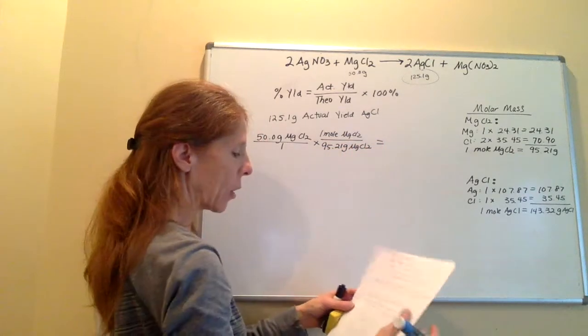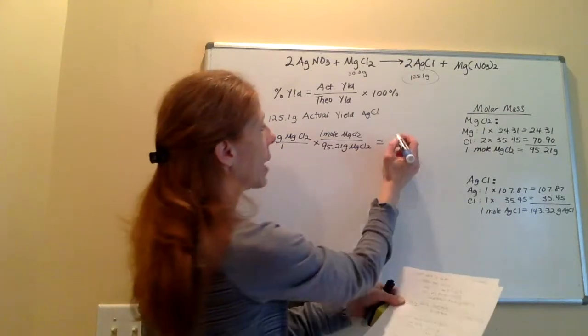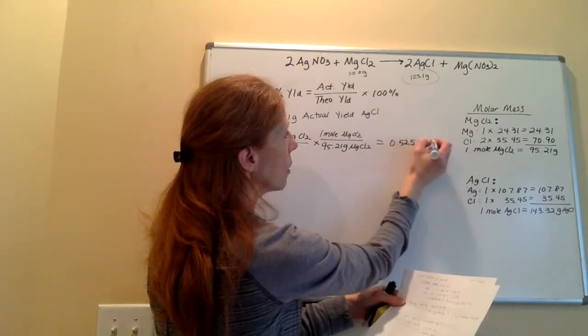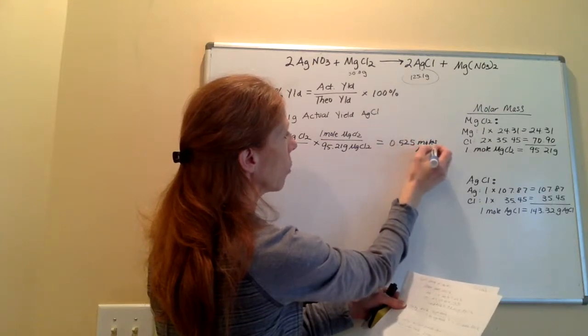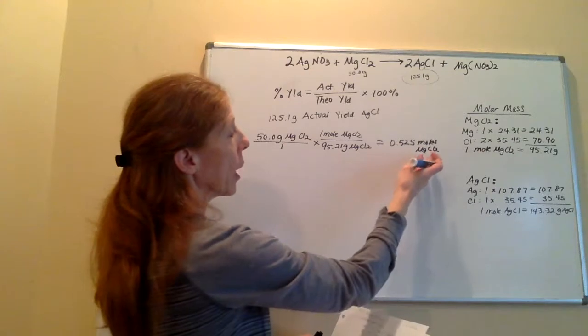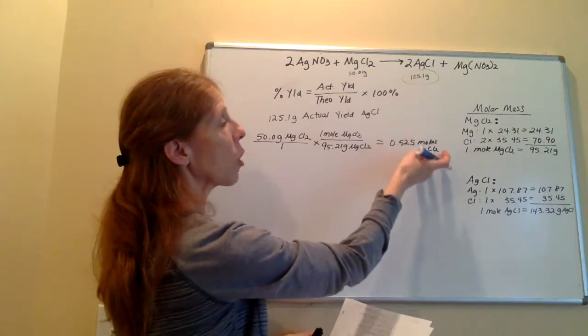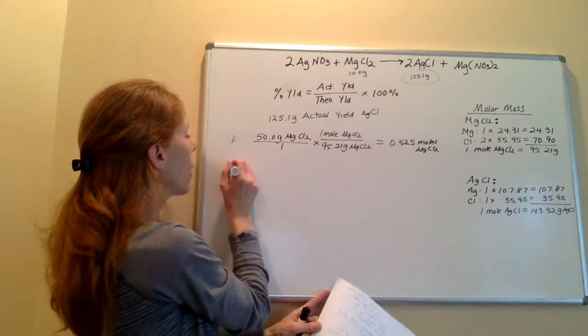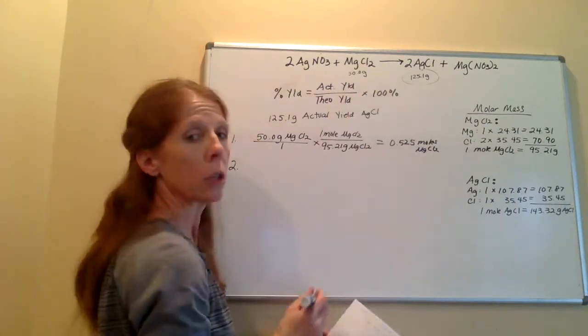And when I do that calculation, I come up with 0.525 moles of magnesium chloride. Now, I can take the moles of magnesium chloride that I started with, and I can figure out how many moles of silver chloride that should produce.